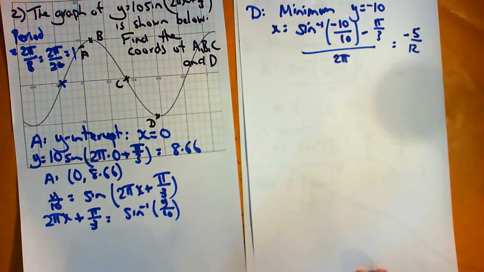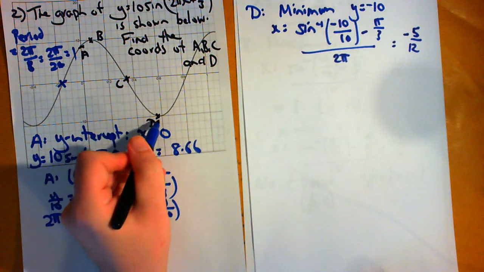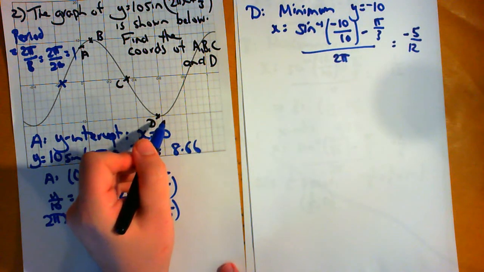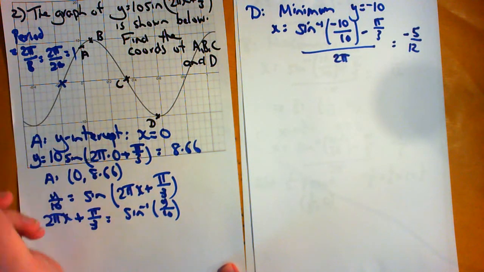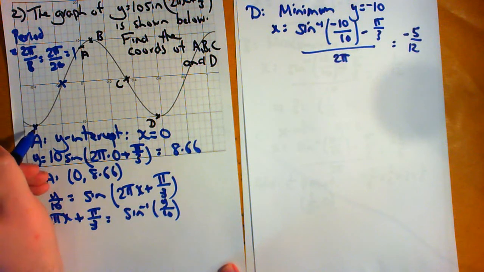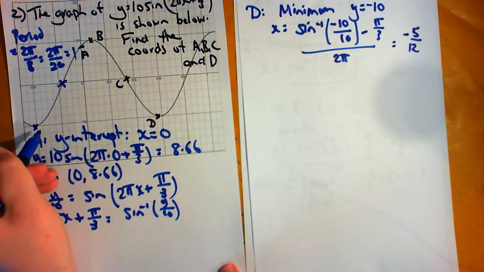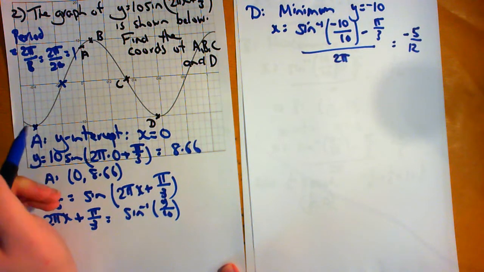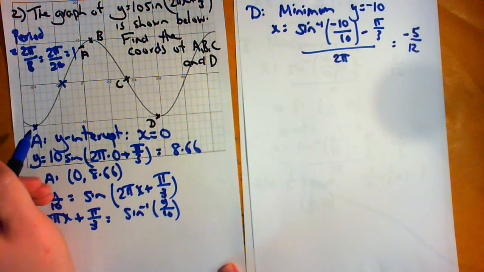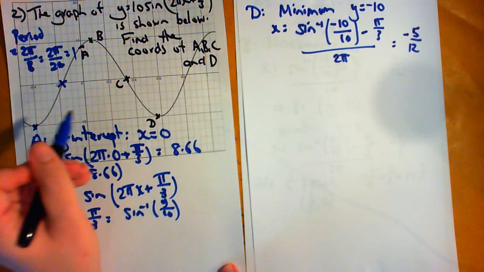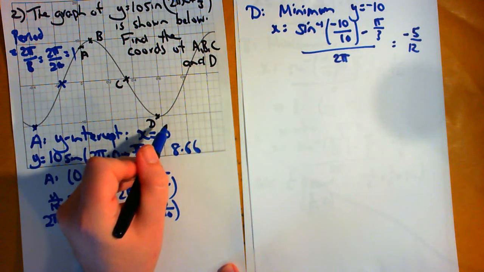So again, that gave us a negative value. We want D, which is this point. Negative means it's on the left. Actually, we've got that point there. To get from here to here would be a full period, because we're talking about the difference between a point on one cycle and the point exactly on the next cycle.